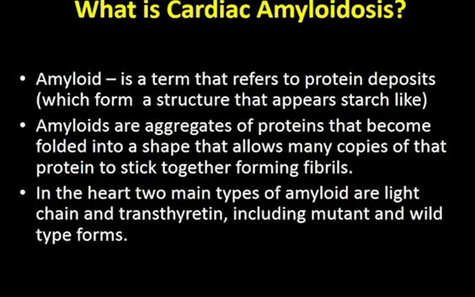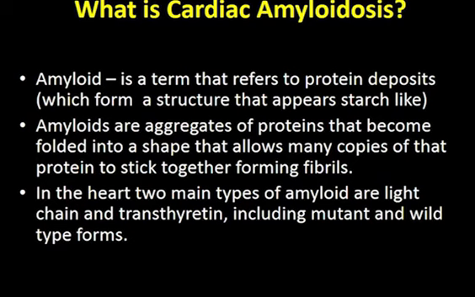So what is cardiac amyloidosis? The term amyloid refers to, as I mentioned, protein deposits. The protein deposits have a structure that looks like starch, hence the name amyloidosis, and they tend to bind to a component that we use for diagnosis called Congo red.